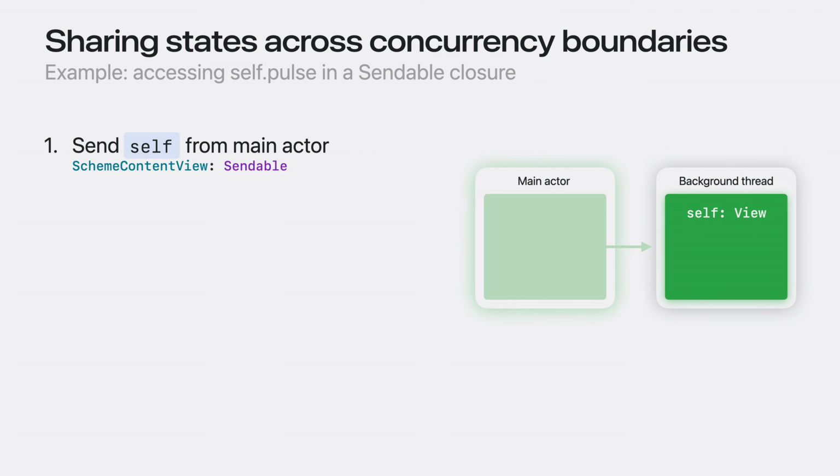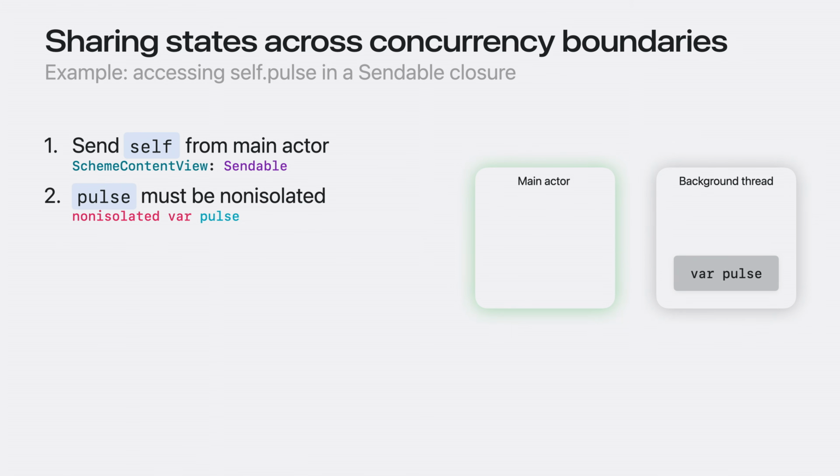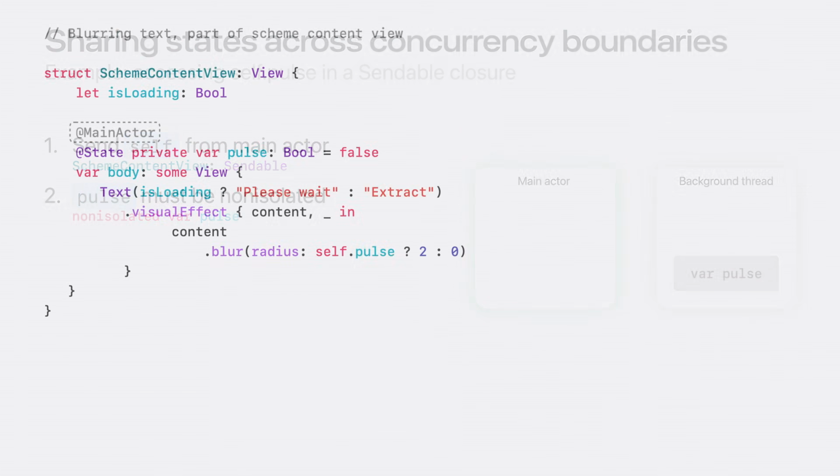This requires the type of self to be sendable. Now that self appears in the right place, we want to read its property pause in this non-isolated region. The compiler would not allow that unless the property pause is not isolated to any actor.